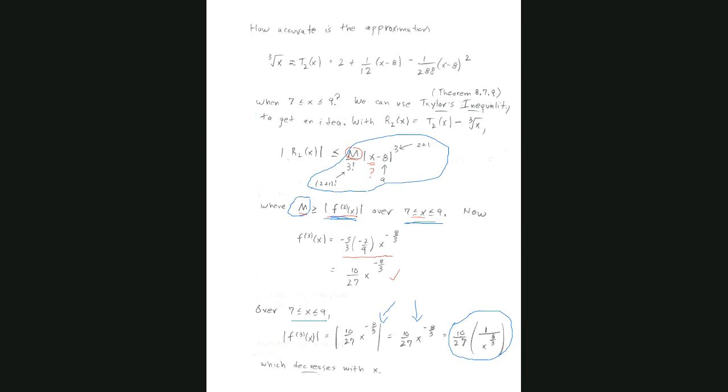Is it blank or blank? Well, we know it's going to be positive, Josiah. We know it's going to be positive because the x to the 8 thirds, if we are between 7 and 9 on x, it's going to be positive.